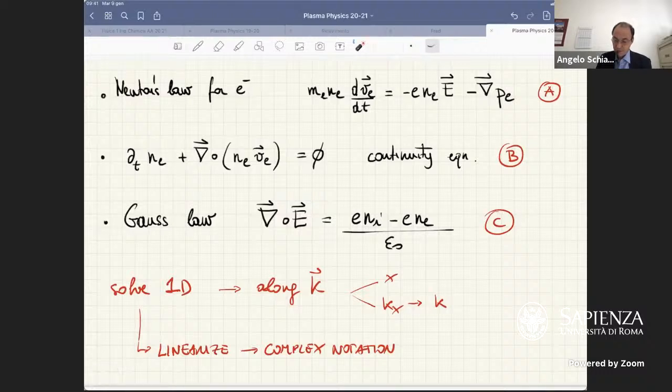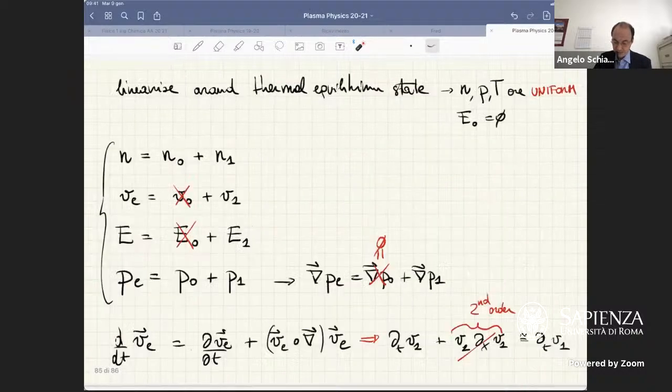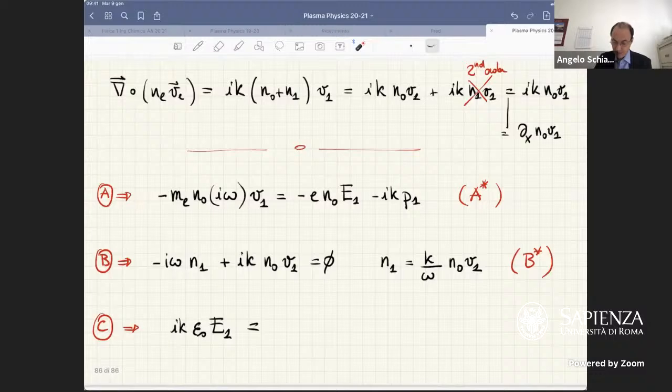We have this density term. Let's write it. It is the density of the ions, which are not moving. So it is e times the equilibrium state density, minus e, the electric charge, times n0 plus n1 for the electrons.